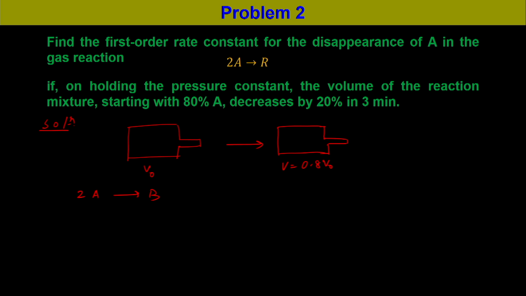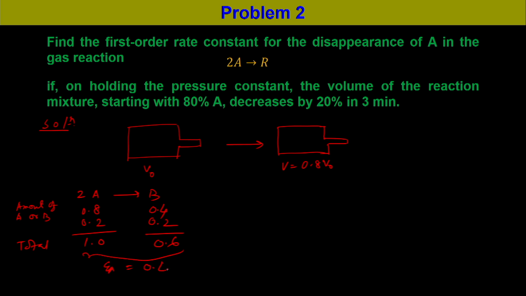Amount of A or B is, this is 0.8 and this is 0.4. From the stoichiometry, inert initially 0.2, so it will remain 0.2. So, if we consider total, we will get this is 1 and this is 0.6. So, from here epsilon A is 0.4.